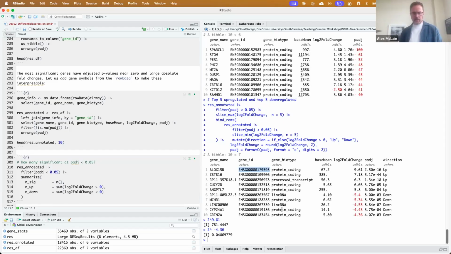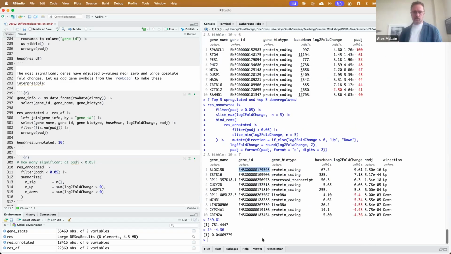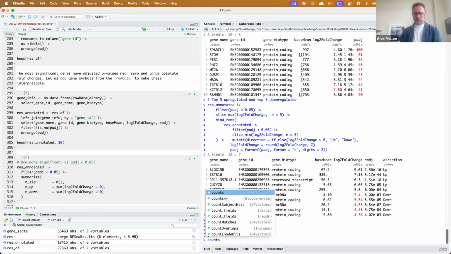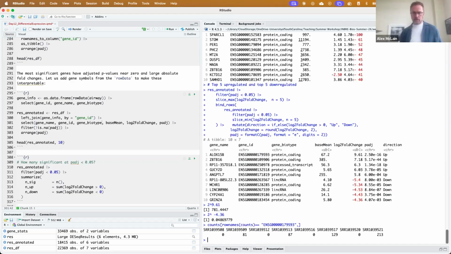But just out of curiosity, I would like to look at the data for this gene, so we can use that counts data again, and the row names of counts equal to, in quotes, this gene ID. Boom. Okay, so this is the gene that has the biggest difference between the treated and untreated.